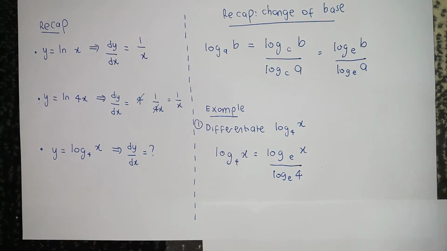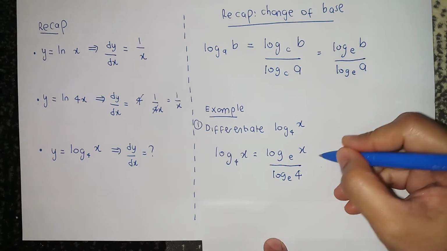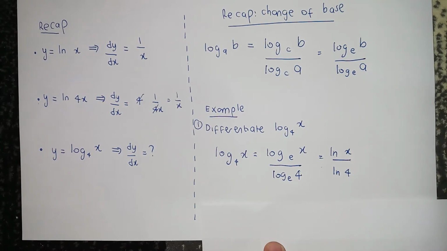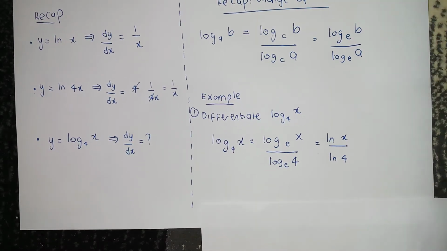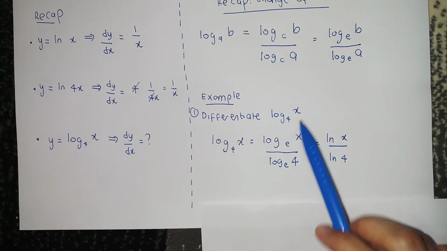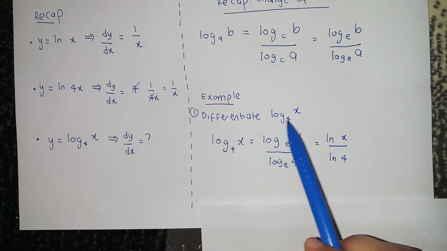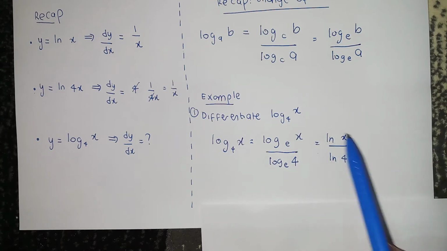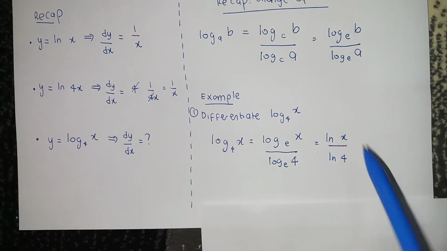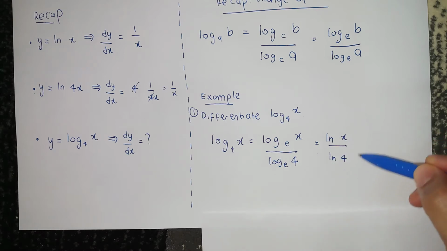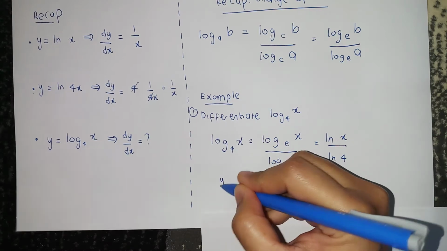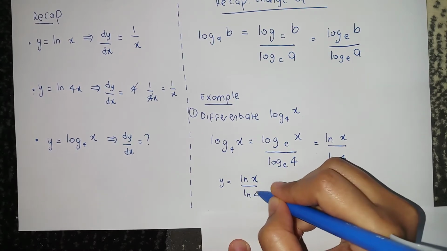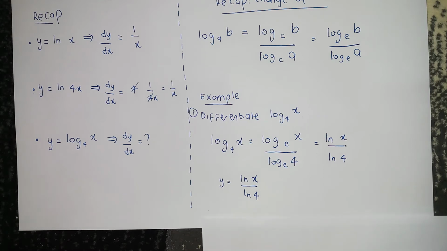Log e can always be written as ln, so this is actually ln x over ln 4. The question asks us to differentiate log_4 x, so we change to ln. Now we need to differentiate ln x over ln 4. So now my y equals ln x over ln 4, and I want to find dy/dx.